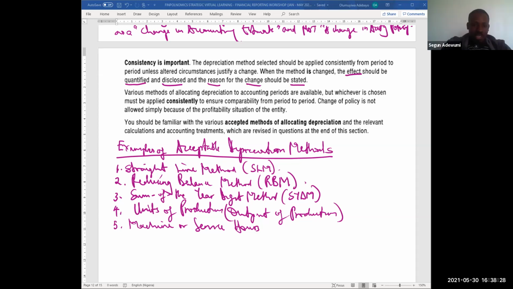Okay, straight line method is when you try to charge an equal amount of depreciation over the economic useful life of the asset. Why are you trying to charge an equal amount of depreciation over the economic life of an asset? Why are you doing so?